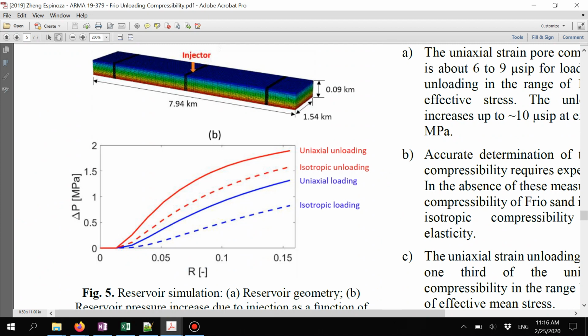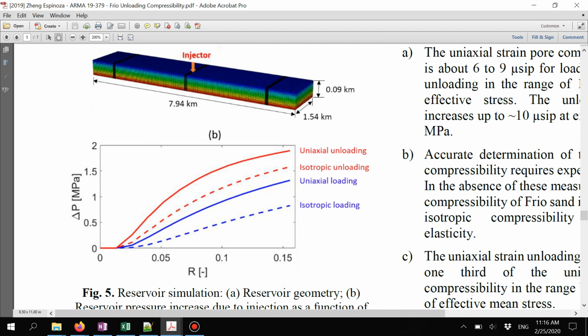unloading compressibility. And here there is one more thing that I hope you remember that we discussed before: the difference between uniaxial strain compressibility and isotropic compressibility. Those are not the same.